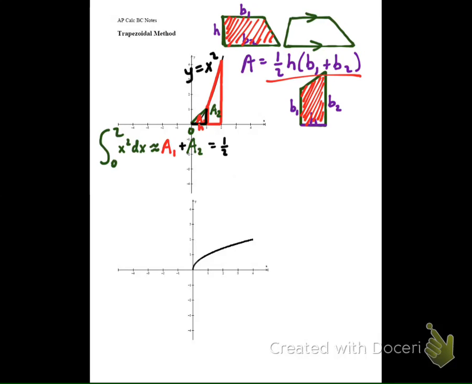Even if it's on its end, we can still find it. The height would be the length of the subinterval, so the height would be 1, multiplied by the sum of the lengths of the bases. f of 1 would be 1, and f of 0 would be 0. So we have 1 plus 0.